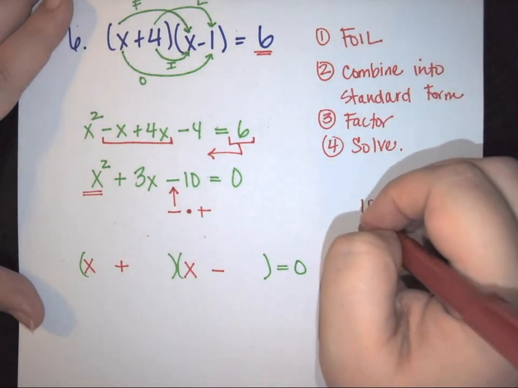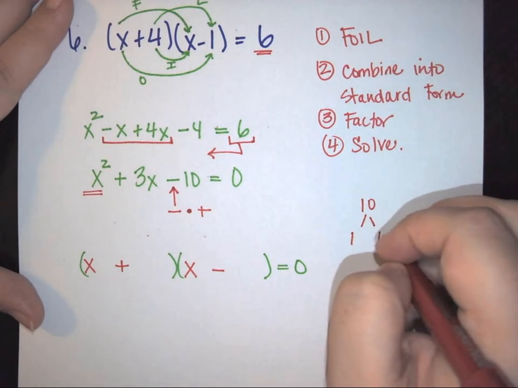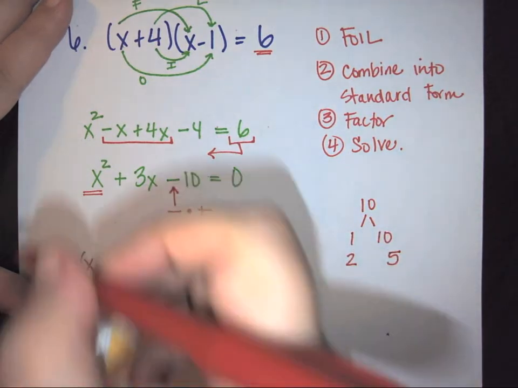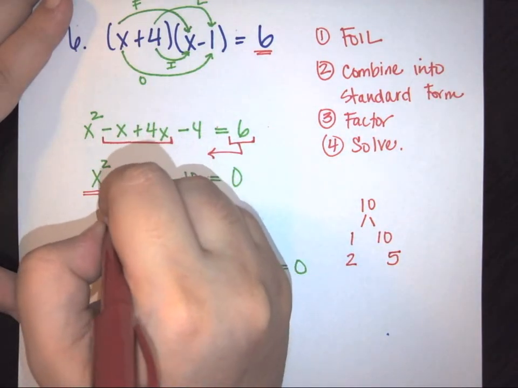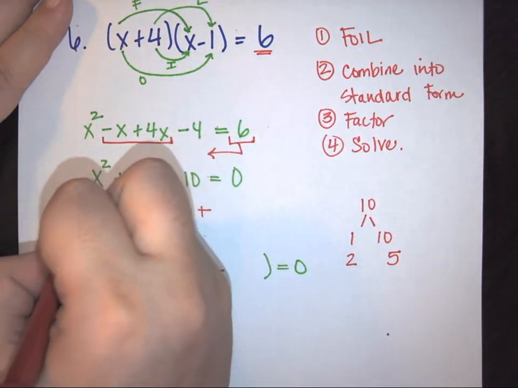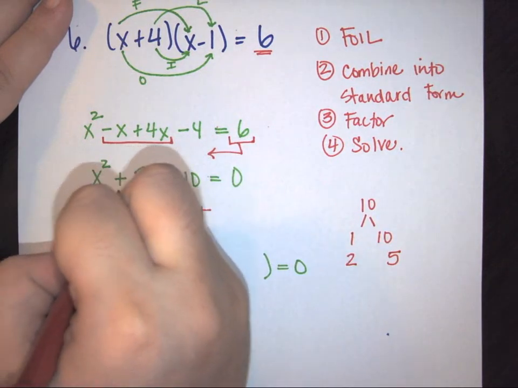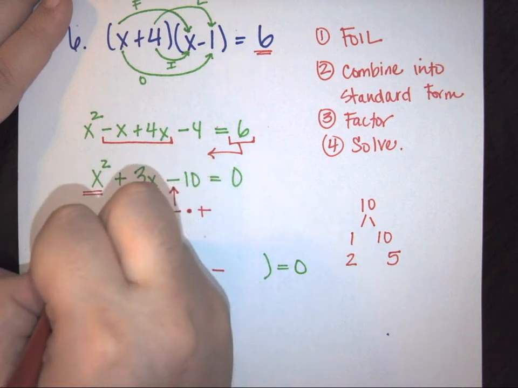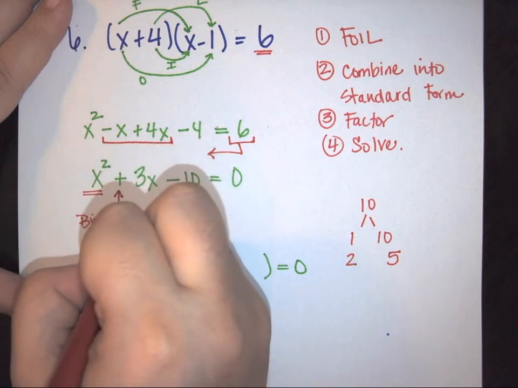So when I'm looking at 10, I have 1 and 10, and I have 2 and 5. Now the other thing to keep in mind is that this positive right here tells you that the bigger factor is positive.